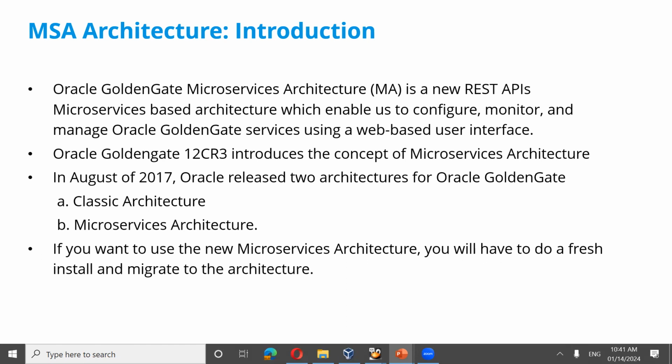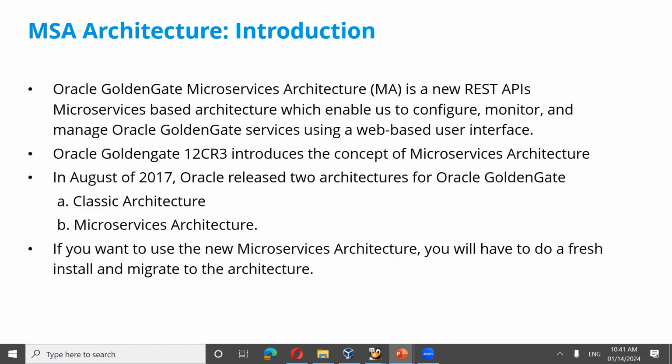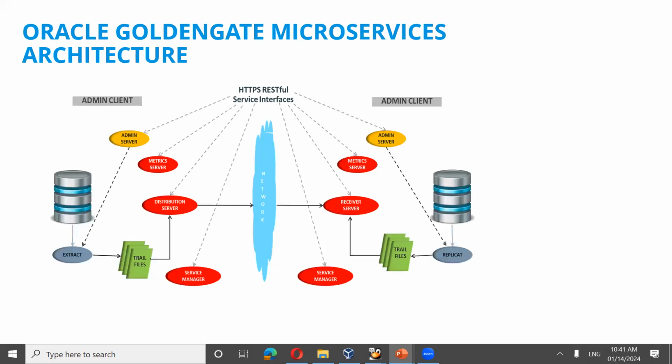This microservices architecture was introduced in 2013. In 2017, Oracle renamed the existing architecture to classic architecture, and they launched a new architecture which is called microservices architecture.